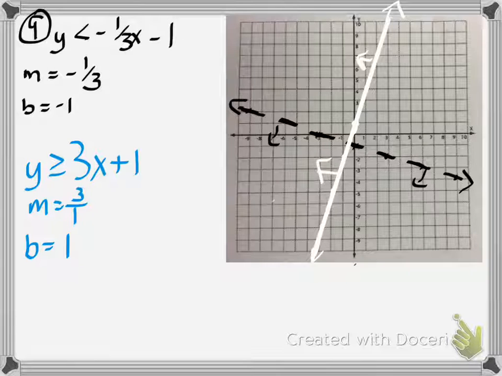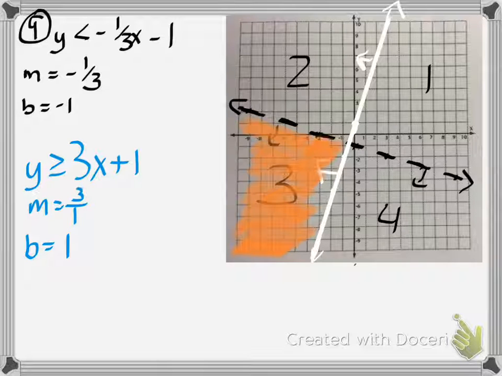And so we're looking for this section that is going to be above the white line but below the black line. It is 3. Wait, above the what? Above the white line. And so if you have trouble seeing when they're almost vertical lines like this, take and look at your y-axis.